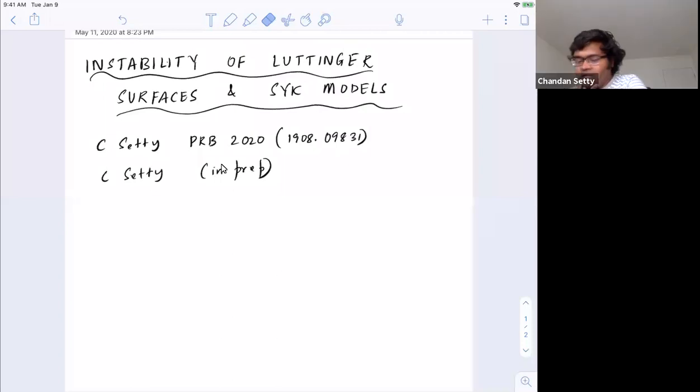Okay, I'd like to thank the organizers for this opportunity. So today I want to talk a little bit about this following topic, which is studying instabilities of Luttinger surfaces. And I'll tell you what these surfaces are, but I want to try and make connection with SYK type models.